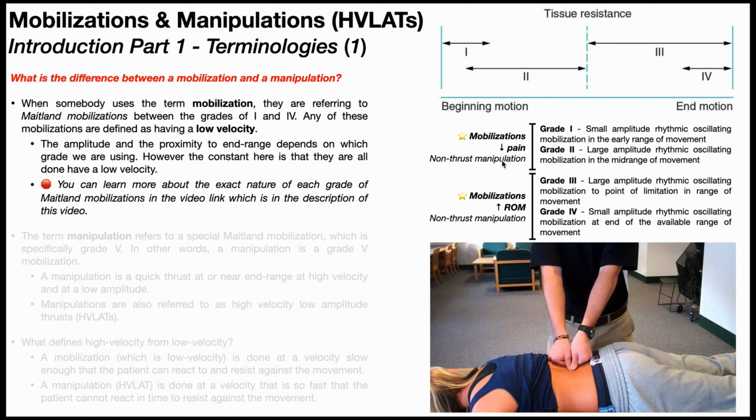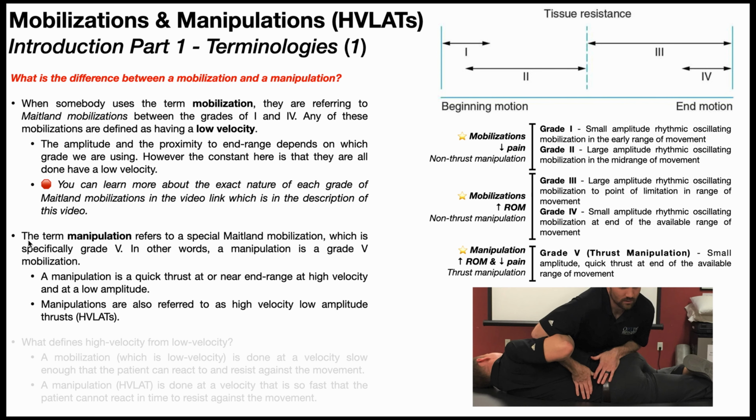But understand that in the literature, these Maitland mobilizations will sometimes be called non-thrust manipulation, emphasis on non. All right, we're finally getting down to the manipulations. The term manipulation refers to a special case of the Maitland mobilizations, which is grade 5. In other words, a manipulation is just a grade 5 mobilization.